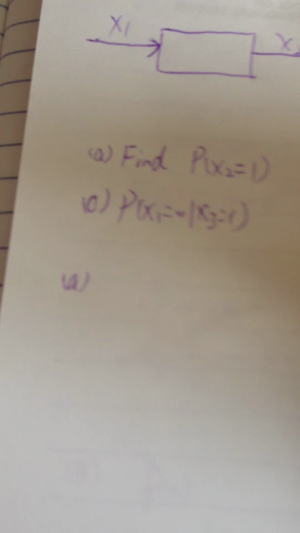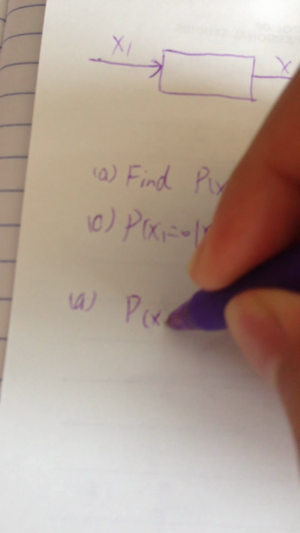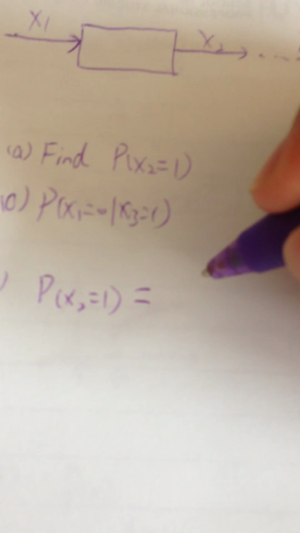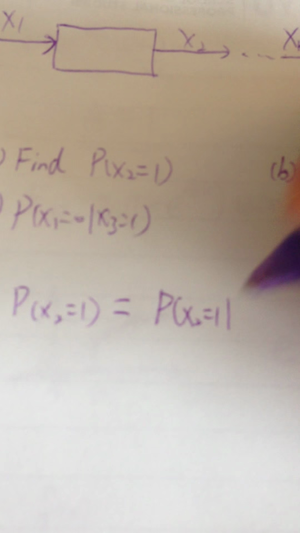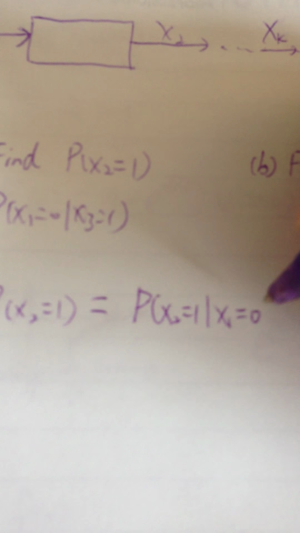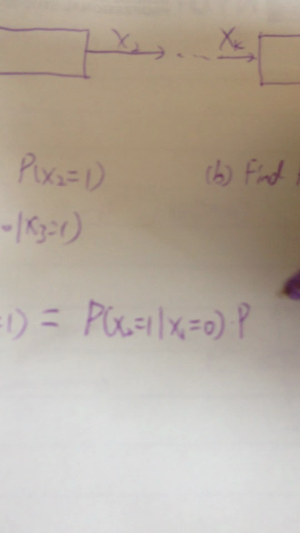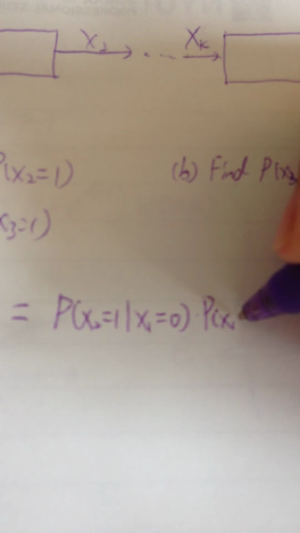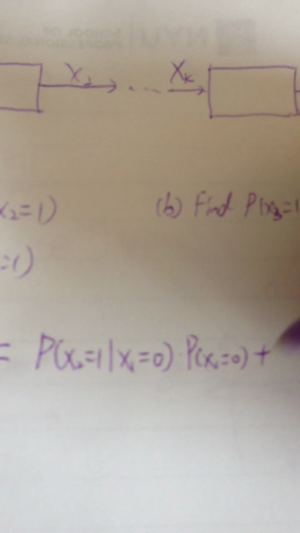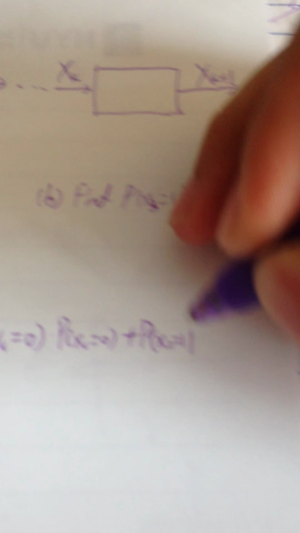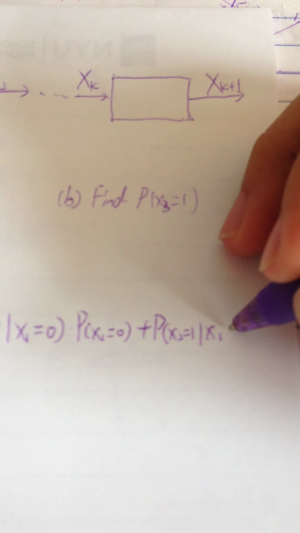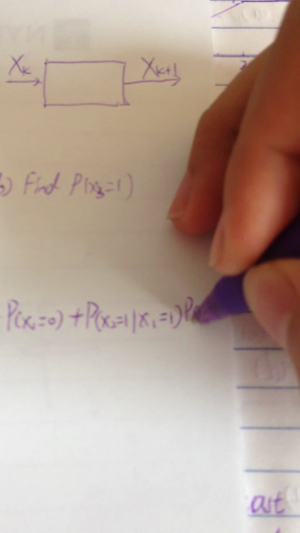According to the total probability, the probability of x2 equals 1 equals the probability of x2 equals 1 given x1 equals 0, multiplied by the probability of x1 equals 0, plus the probability of x2 equals 1 given x1 equals 1, multiplied by the probability of x1 equals 1.